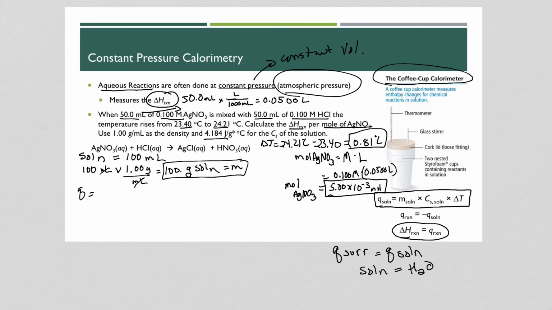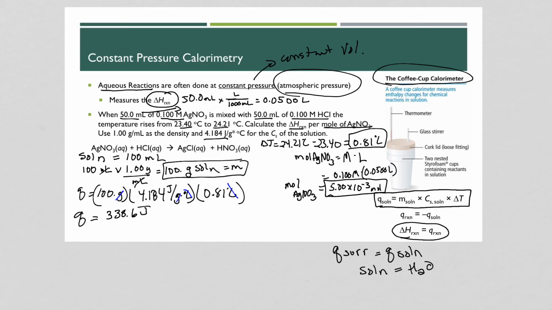So now I have what I need: 100 grams, my specific heat, my change in temperature, my units cancel, and so my Q here is equal to 338.6 joules.